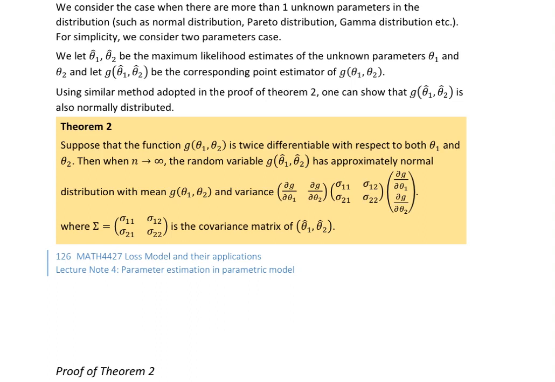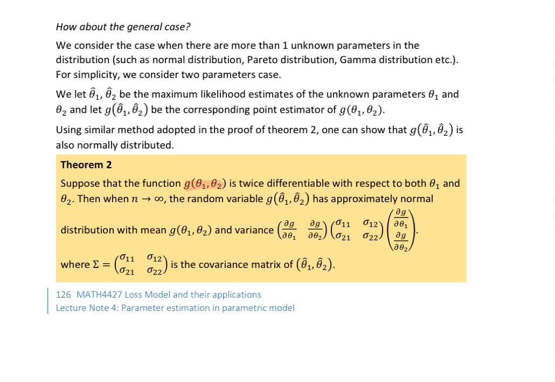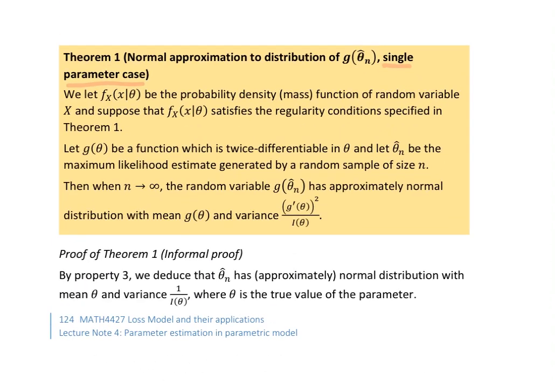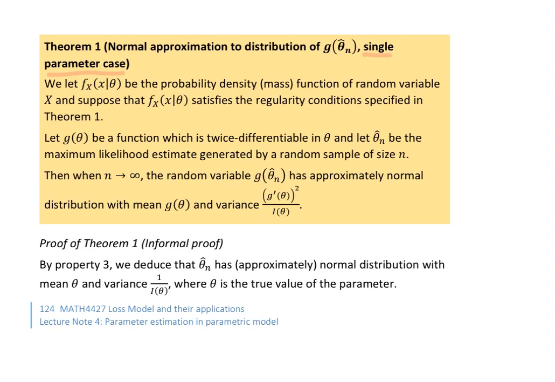In our loss model, we only have distributions with two parameters, so I will concentrate on the two parameter case. The derivation is very similar, but the result may be slightly different. That's why I divide these two theorems into two parts and analyze them one by one, so that it will be easier. Now let us go back to the single parameter case.